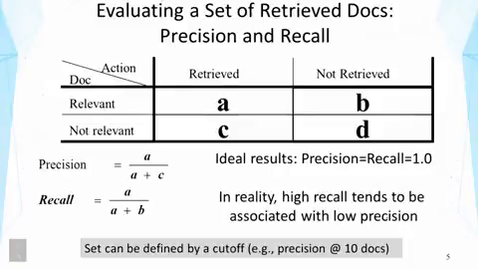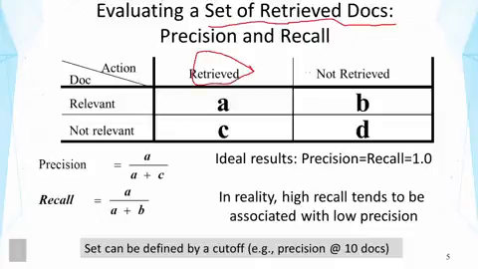And these measures are to evaluate a set of retrieved documents. So that means we're considering that approximation of the set of relevant documents. We can distinguish 4 cases depending on the situation of a document. A document can be retrieved or not retrieved, right? Because we're talking about a set of results.